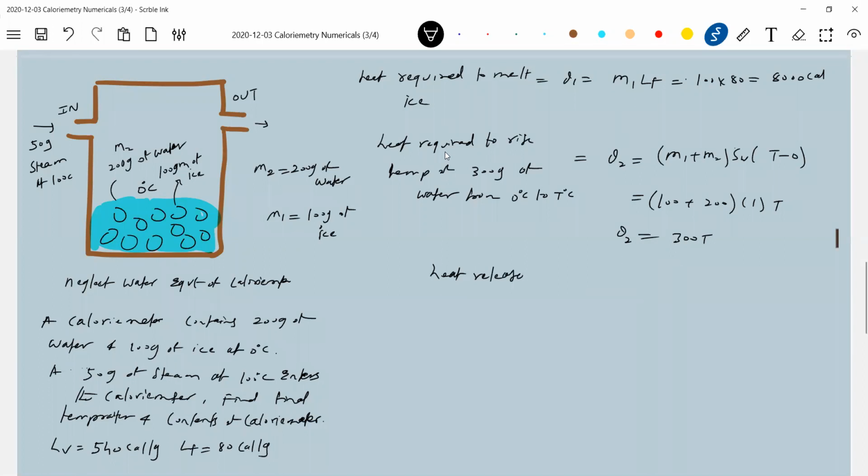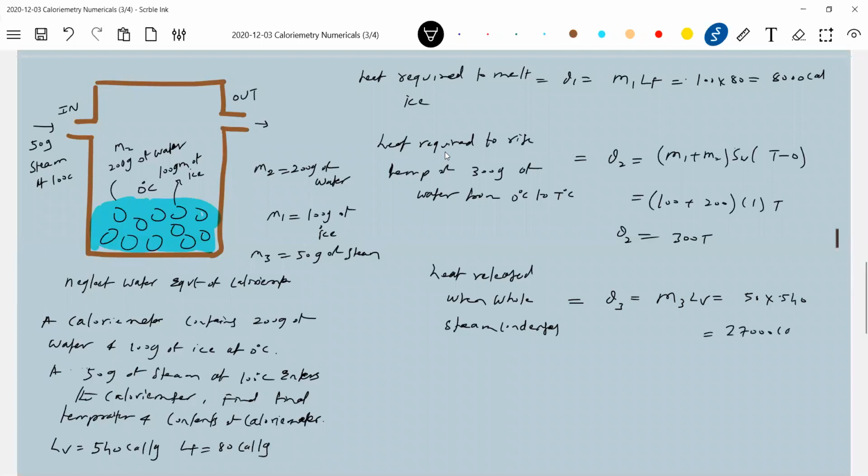What is M3? 50 grams of steam. Heat released when all steam condenses, we call that Q3. M3 into LV, 50 into 540, something, 27,000 calories is available.